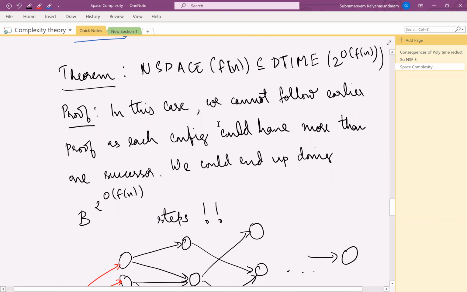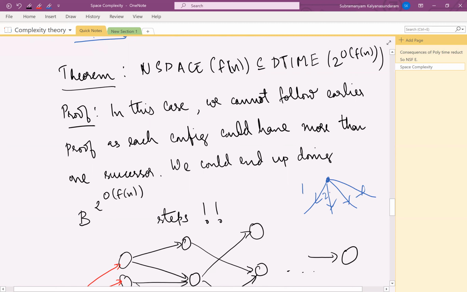And now let's say if there are 10 options for the next configuration, it can have an ordering, which is the first successor, second successor, and so on. It could index the branches. So let us say that this is a particular configuration and there are several possible successor configurations.